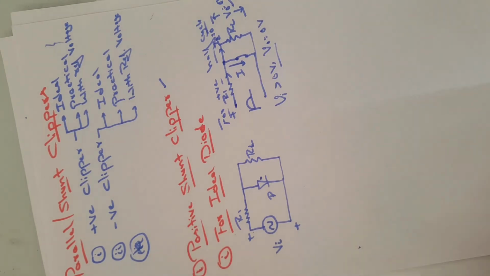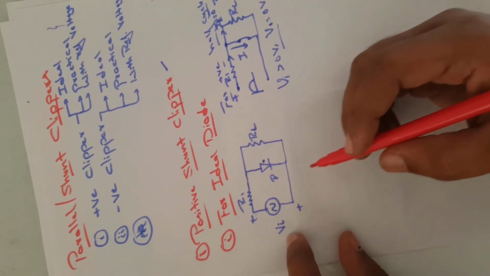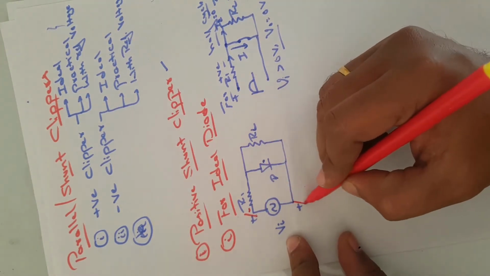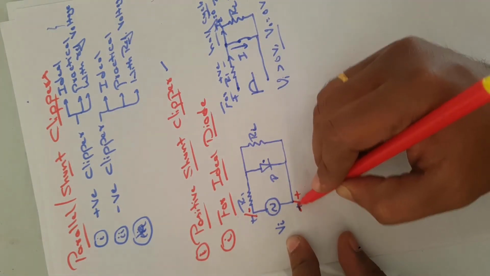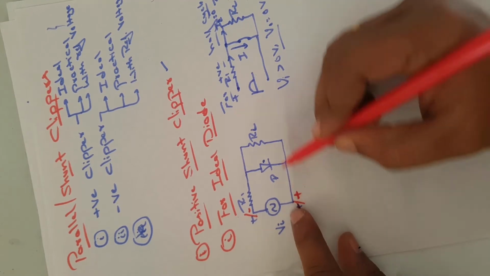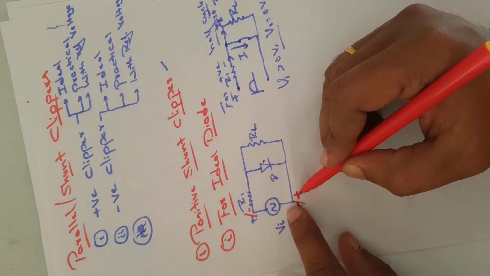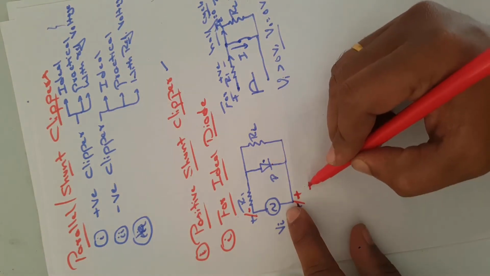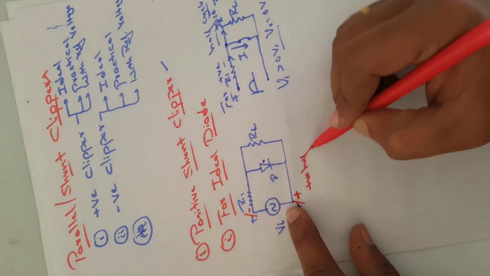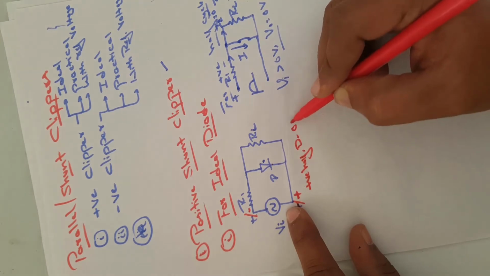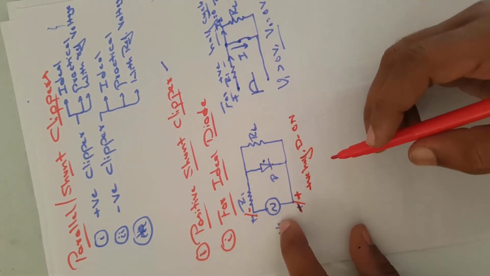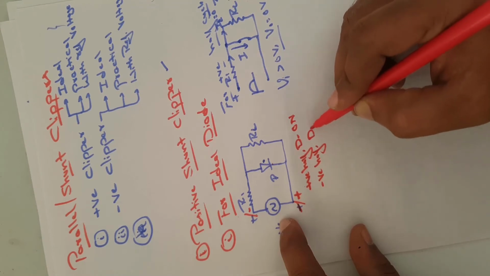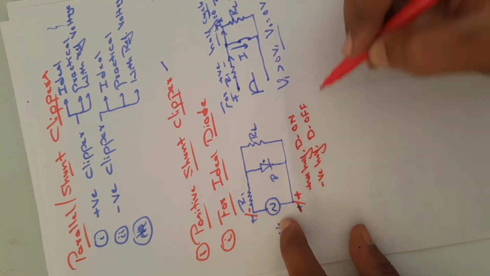Let us analyze the same during the negative half cycle. During the negative half cycle, this is negative and this is positive. Since the cathode is connected to the positive terminal of the battery, the diode is reverse biased. During the positive half cycle the diode will be in the conduction mode, that is the on state, and during the negative half cycle the diode will be in the off state.